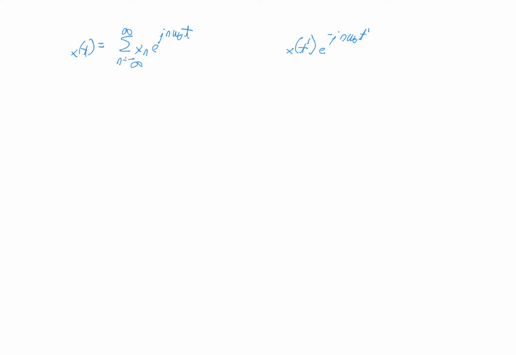And you do this integral over one period, for example, from negative period t0 over 2 to positive t0 over 2. You do that integral with respect to the time variable, and you divide out the period, and that gives you a particular Fourier series coefficient.